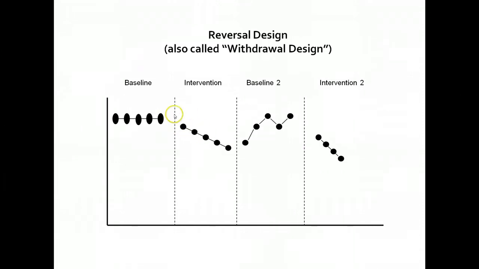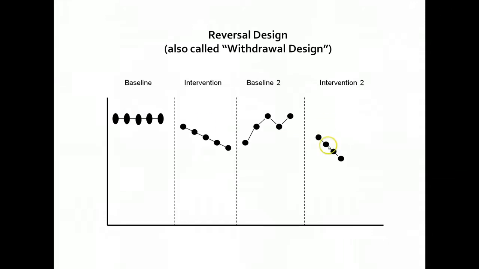Yes, that could account for some change like that. But what's the likelihood that a chance factor would coincide with 1, 2, 3 times my manipulating this kid's environment, not his behavior, his environment? Very, very low. This does pass muster. All right, this is valid to infer a functional relationship.